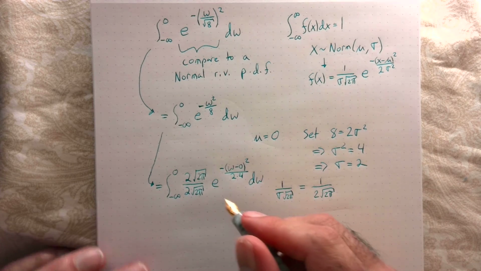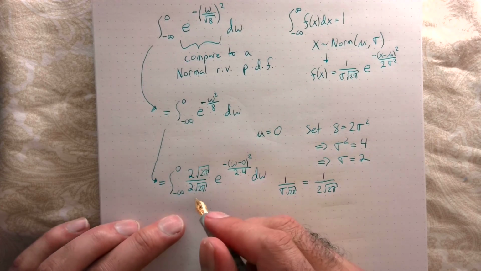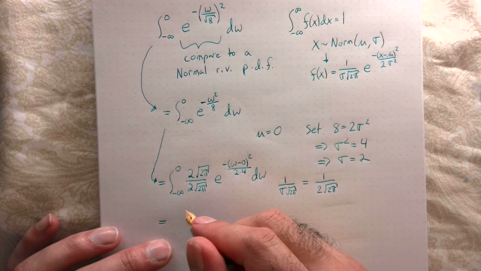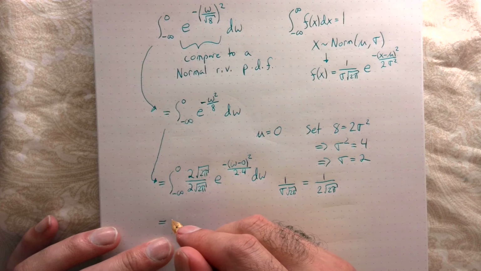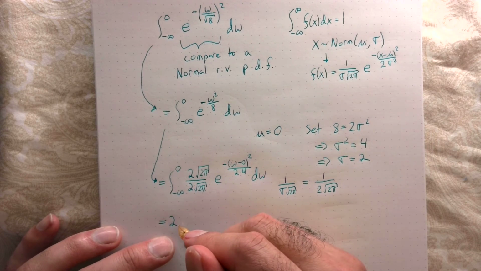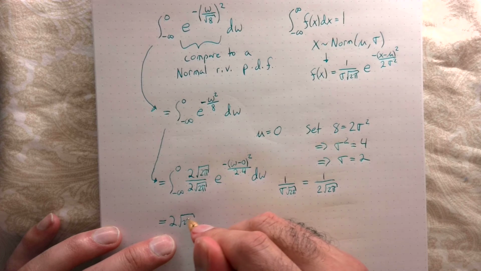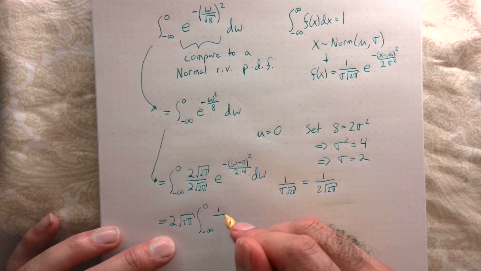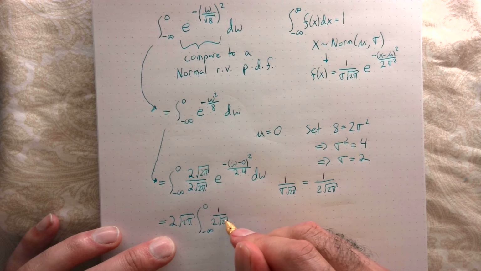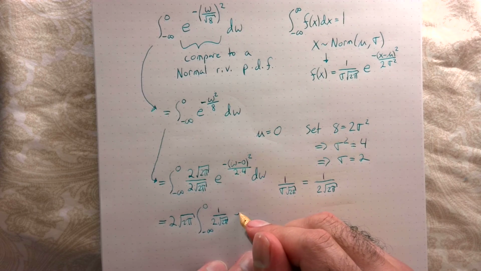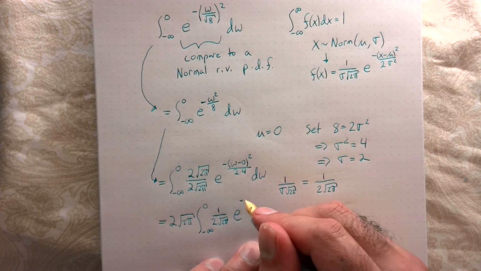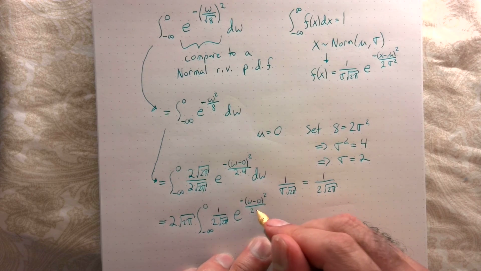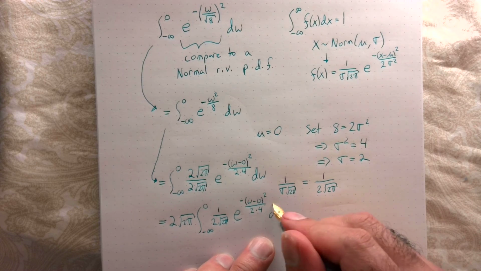Now I want to pull this out of the expression because I want the inside to be exactly a density function. So this is 2 times the square root of 2 pi, and now I'm integrating from negative infinity to 0 of 1 over 2 times the square root of 2 pi, and I'll leave it in this form, e to the minus (w minus 0) squared over 2 times 4, dw.